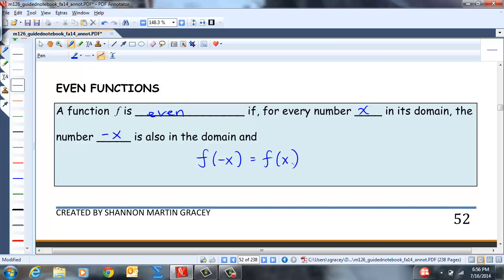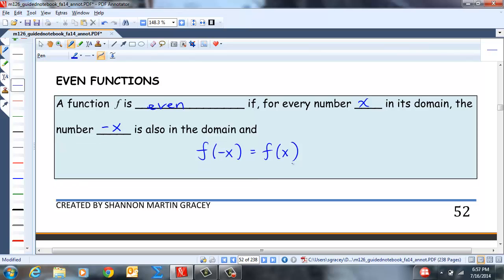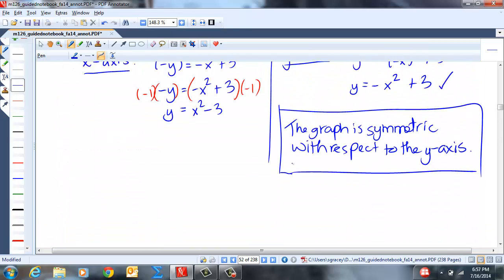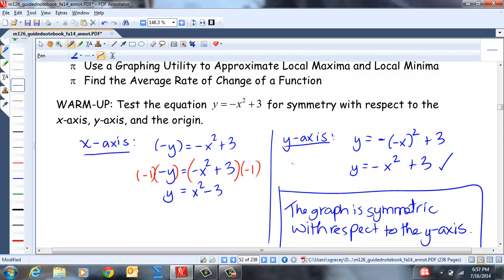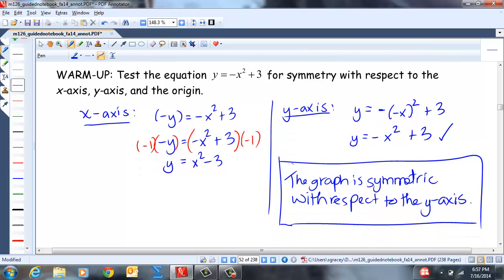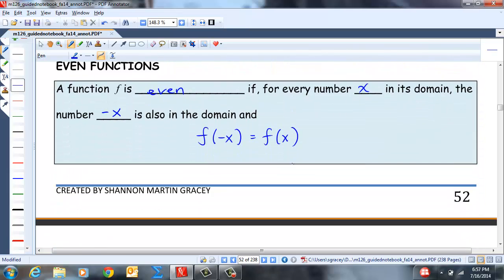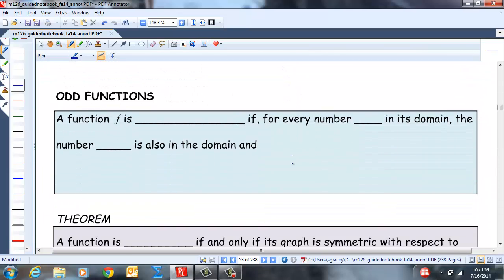So our warm-up problem was an even function because we changed the x's to negative x's and then evaluated, and we found that we got the same y value back, the same function back. We didn't have it in function notation, but this is a function and it turns out to be an even function.